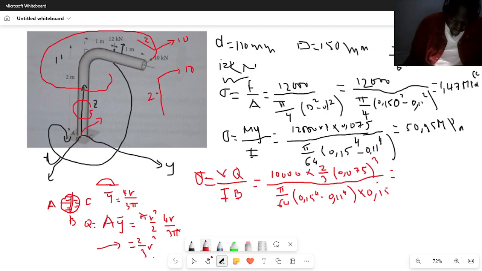That's what I got. 1.061. Yeah. Megapascal.